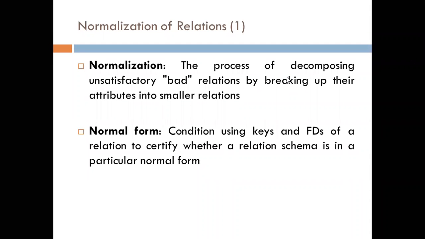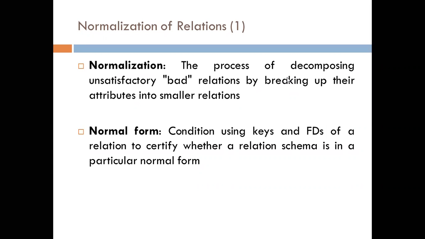Normalization is a process of decomposing unsatisfactory bad relations by breaking up their attributes into smaller relations. Which means if we have a single table, then we will divide it into multiple tables. That is the process of normalization. And we break it when it violates some rules. So what are those rules?